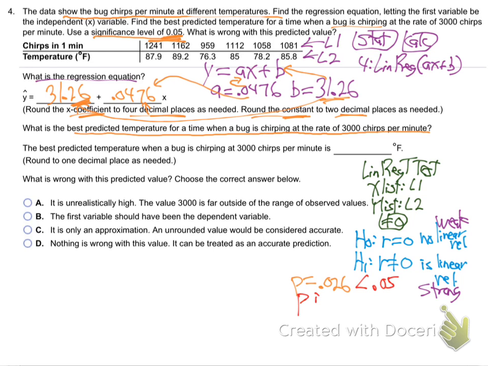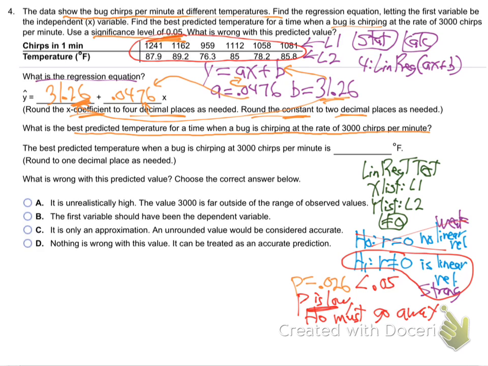So that p is low. So the H0 must go away. Bye-bye, H0. Evidence is strong, isn't it? That p is low. There's a low percent chance of luck. So there's strong evidence that they're in a linear relationship.